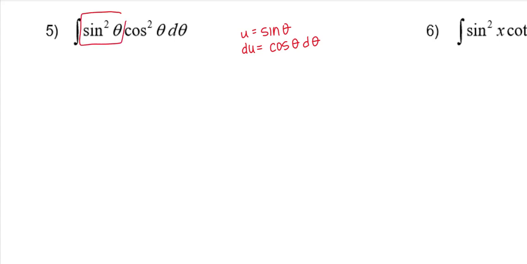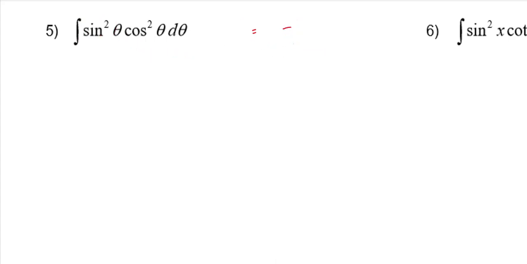You can write your u to any power, so I'm no longer looking at that piece because I can write u to any power. But if I need one of these cosines for my du, that's only going to leave one cosine of theta behind, and that's going to be tricky to write in terms of u without changing the angle.